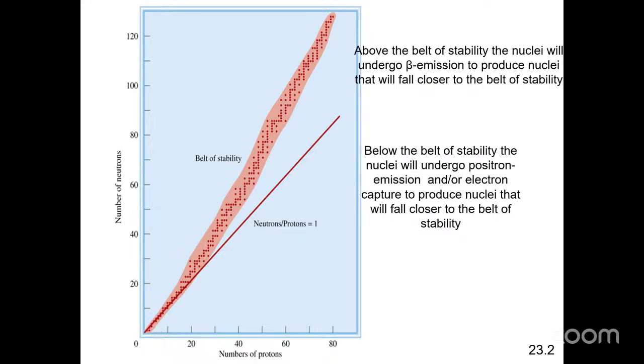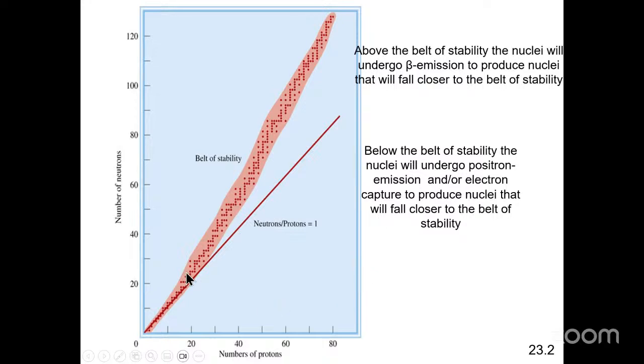But as you get to heavier nuclei, the ratio for stability tilts towards the neutrons. In other words, the ratio of neutrons to protons would be greater than 1 as you go higher and higher in terms of the heavier nuclei.